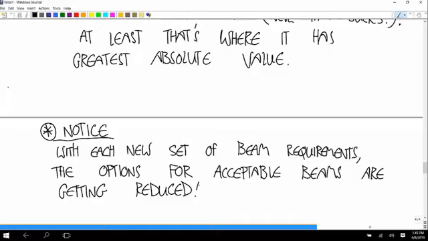All the other things that were allowable for calculating stress due to bending moment have now been thrown out. Okay, and it has to be straight, and it has to be prismatic.